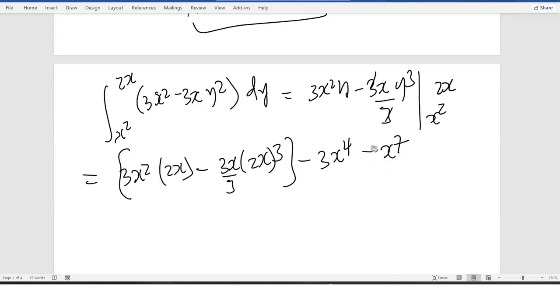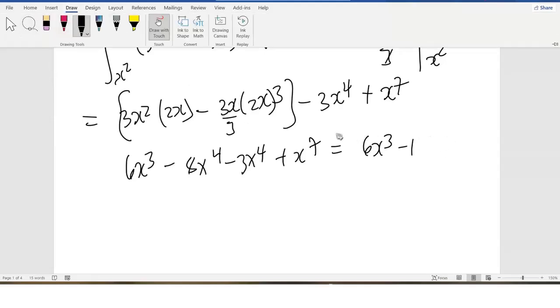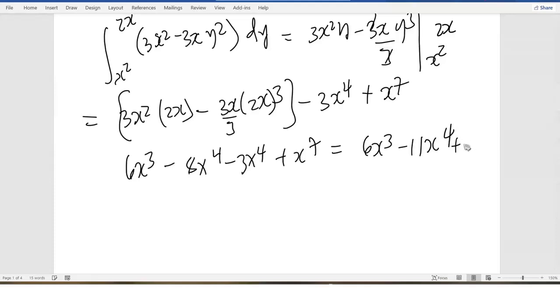Because of the minus that was here, this becomes positive. So this becomes 6x cubed, and this and that will go, so that I will have minus 8x to the power 4, because 8x cubed times x becomes 8x to the power 4, minus 3x to the power 4, plus x to the power 7, which is equal to 6x cubed minus 11x to the power 4 plus x to the power 7.